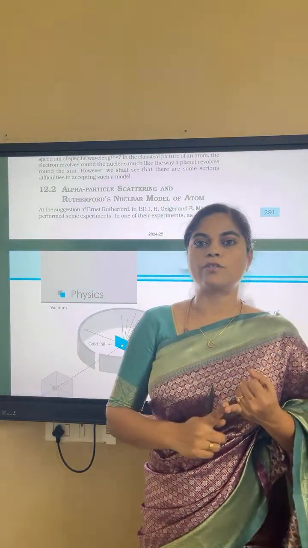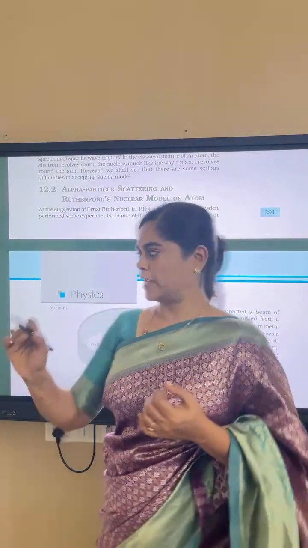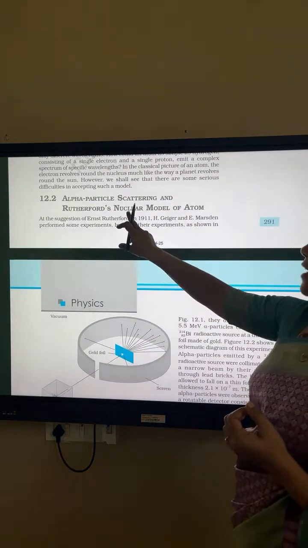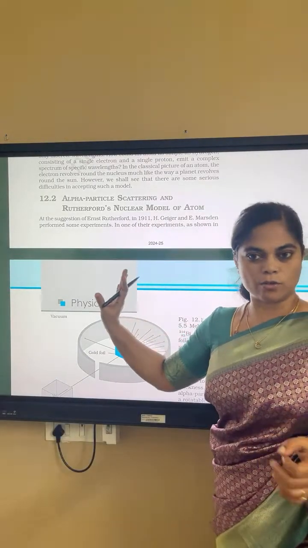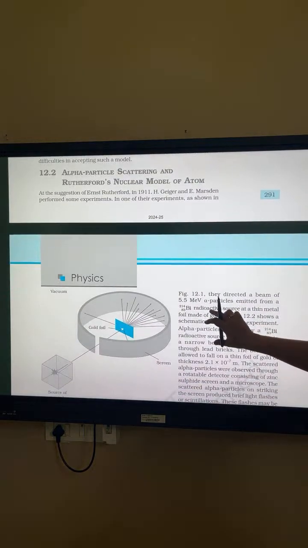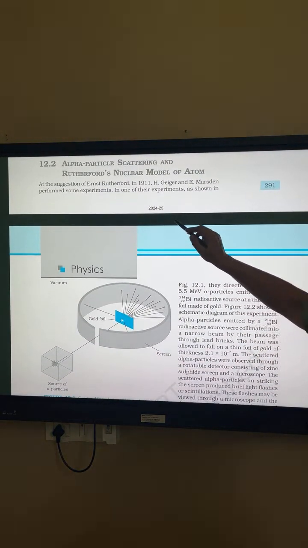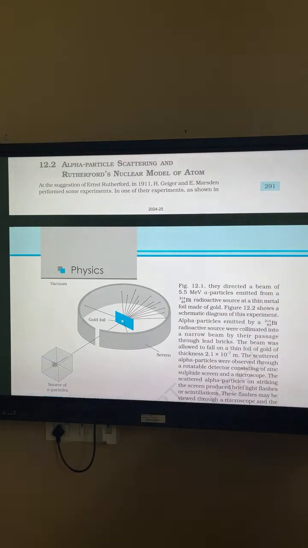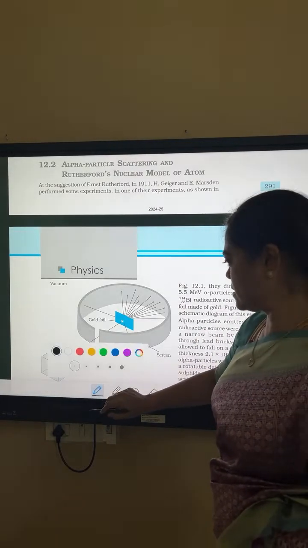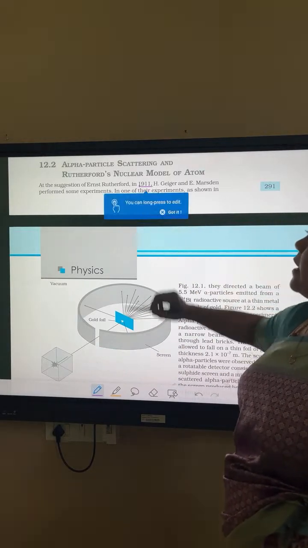Children, what you are going to do? You have to write the name of the discovery. For example, if you are writing alpha particle scattering, I will explain how you are going to take notes. Here it is given: alpha particle scattering and Rutherford's nuclear model of an atom. See, for example, you can write a note of all these here also. So what is this here? 1911.